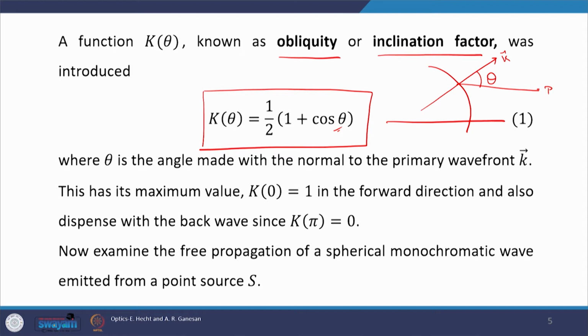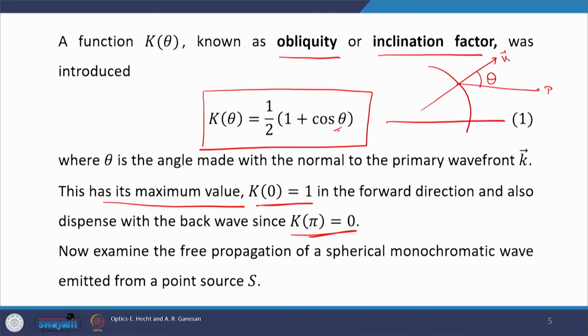And of course, from expression 1 we can easily see that this has a maximum value when theta is equal to 0, and when theta is equal to 0 we have K 0 equal to 1. It means all the energy will propagate in the forward direction. But if you see the propagation in the backward direction, then when theta is equal to pi, K pi is equal to 0.